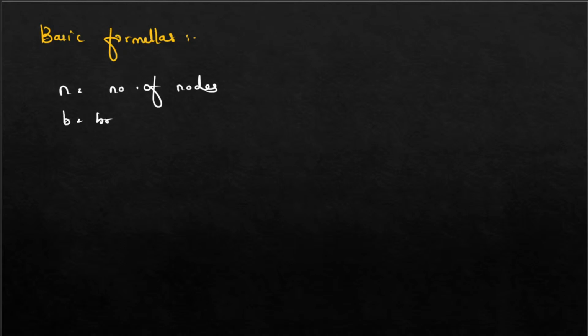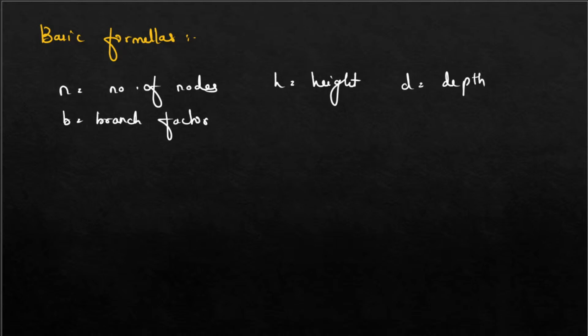B equals to branch factor. H equals to height. D equals to depth. B equals to 2 means this is a binary tree. So this is just for example.